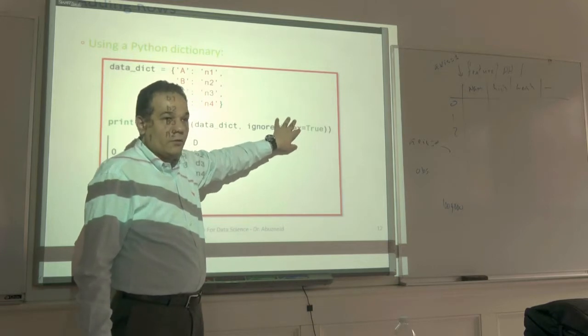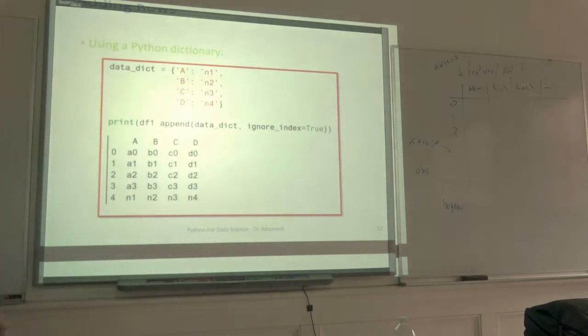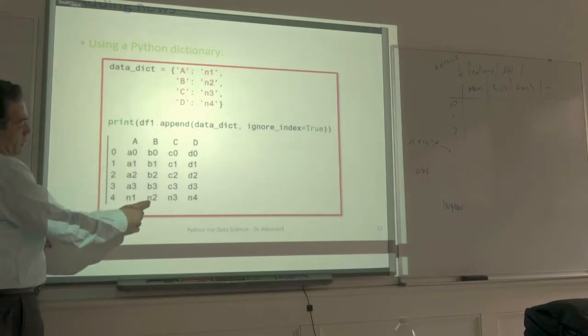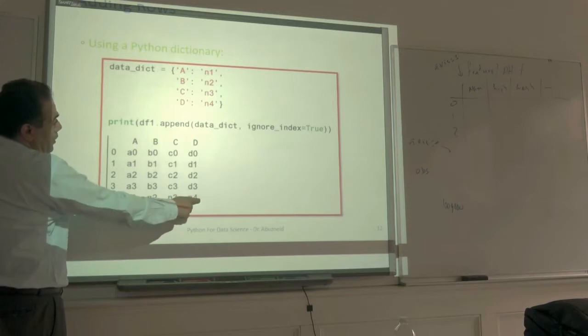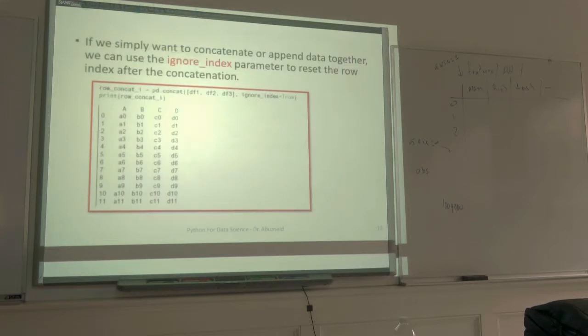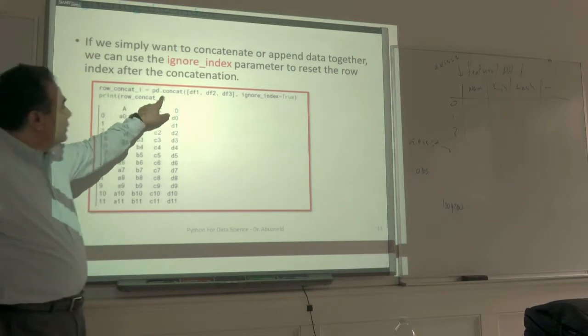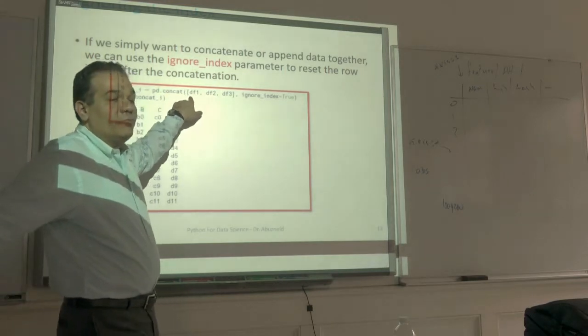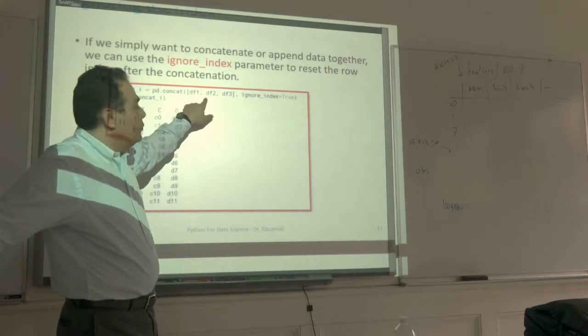Ignore the index, right? So what happened here? N1, N2, N3, N4 was added as a whole. If you need to ignore the index, remember that when we added there, the indices were not in order. Very simple, I use concat. Here, how many data frames am I joining? 1, 2, 3.